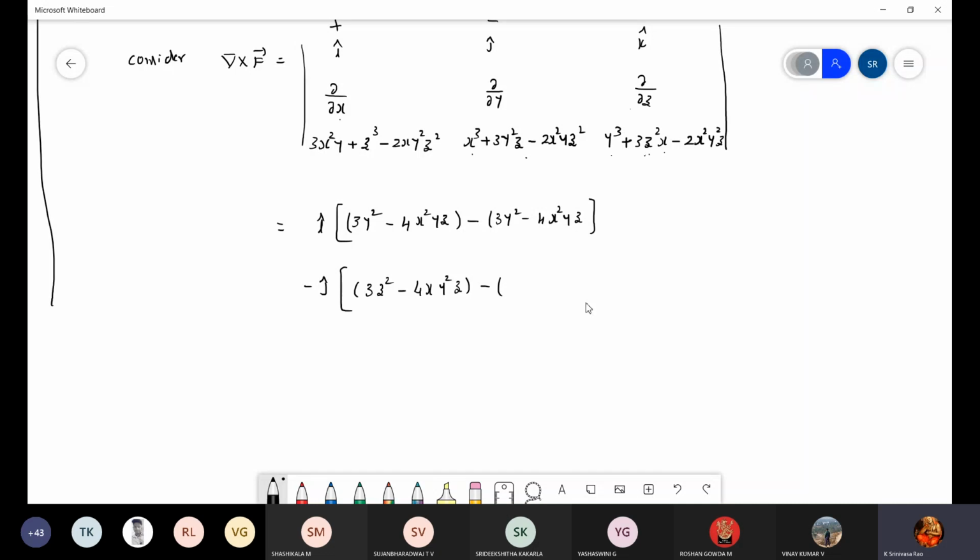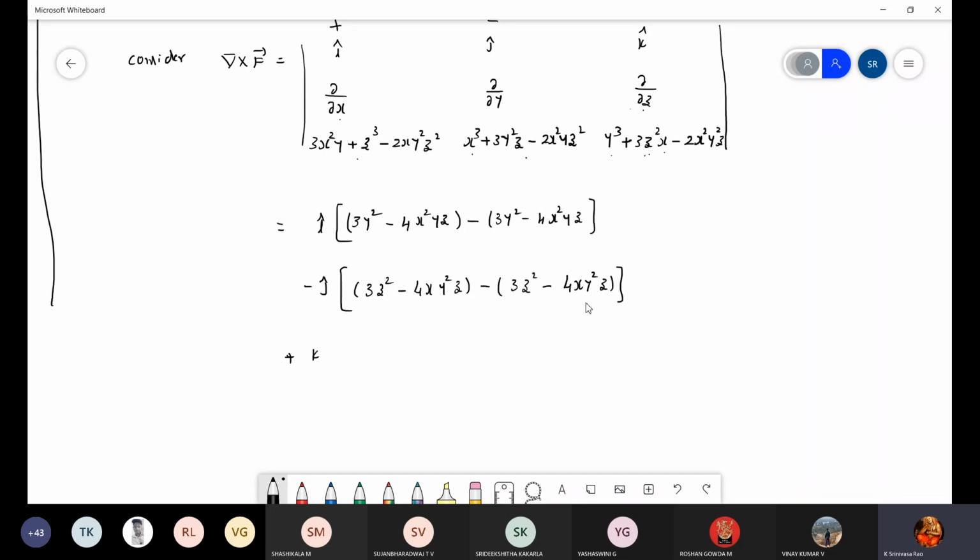Minus of, yes, with respect to z, you have to differentiate the first term. So 3x square y becomes 0 plus 3z square minus again z square differentiation is 2z. So 2 2 is 4x y square z. You can observe you will get the same term. So curl F gives 0. Okay, so let me see, but we can't conclude.